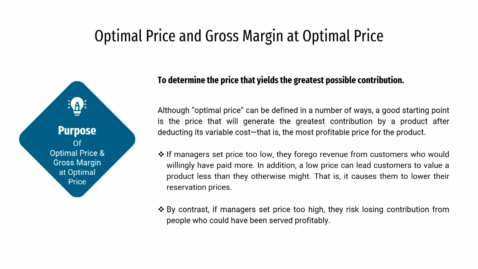By contrast, if the manager sets the price too high, they risk losing contributions from people who could have been served profitably, right. So, let us say if I have set the price at $130, as per the example used to illustrate the reservation price, then I would have ended up getting just one customer and the profit would have been much lower.